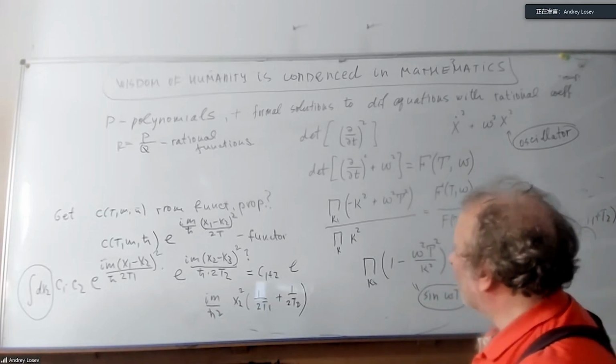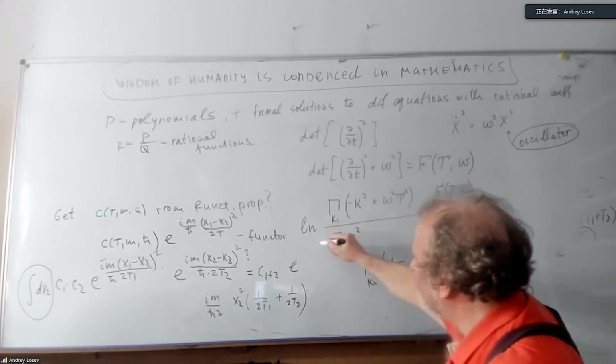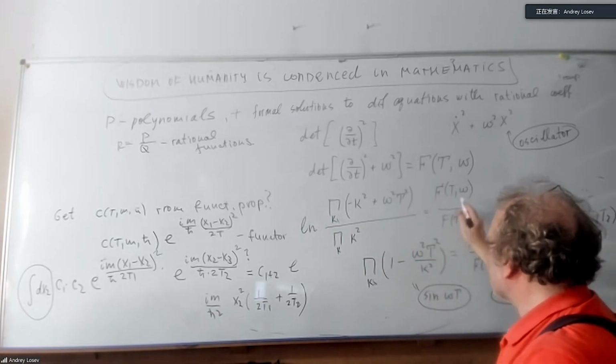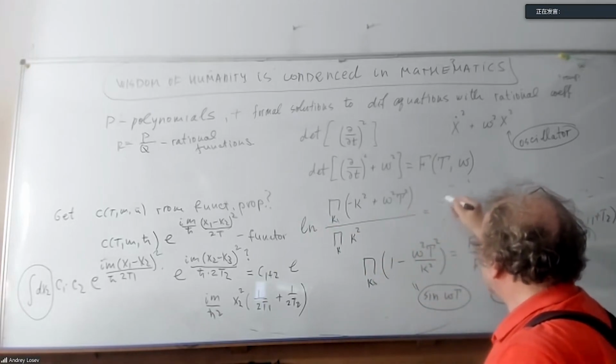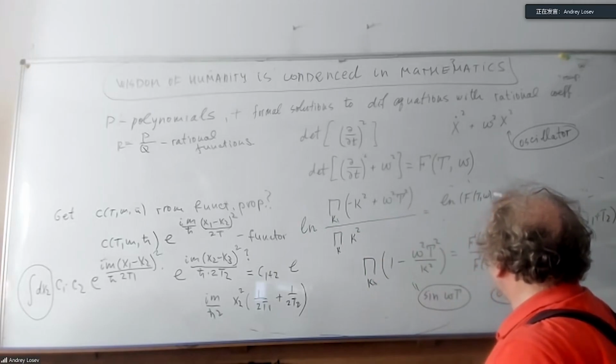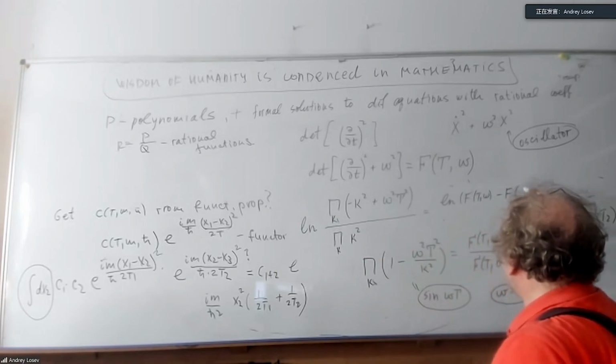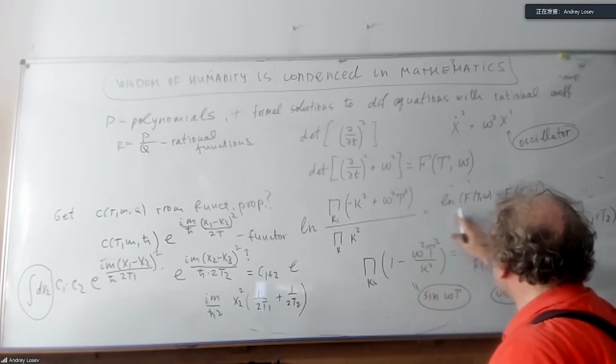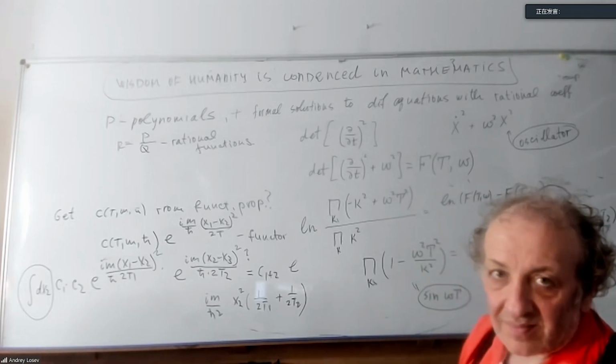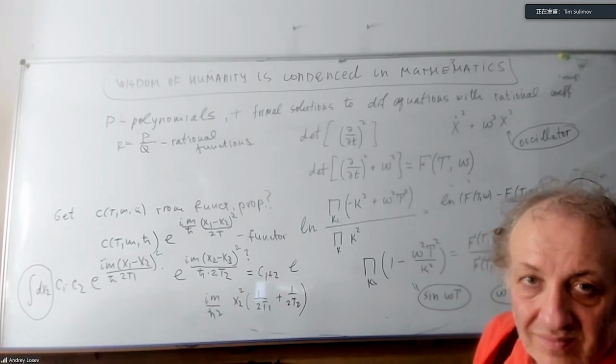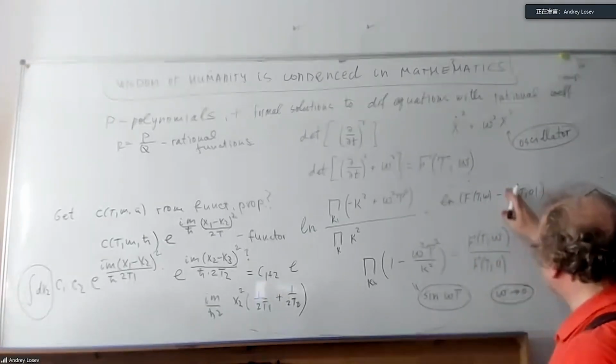So actually, if I consider log of it, it would be log f of t, omega minus log f of t0. Minus log. Thank you.